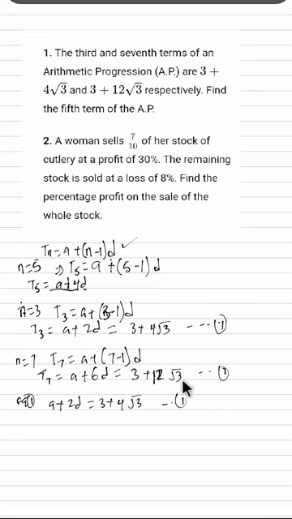Equation 2: a plus 6d is equal to 3 plus 12 root 3.